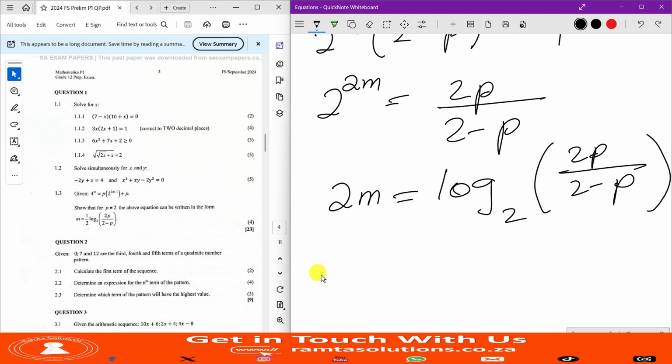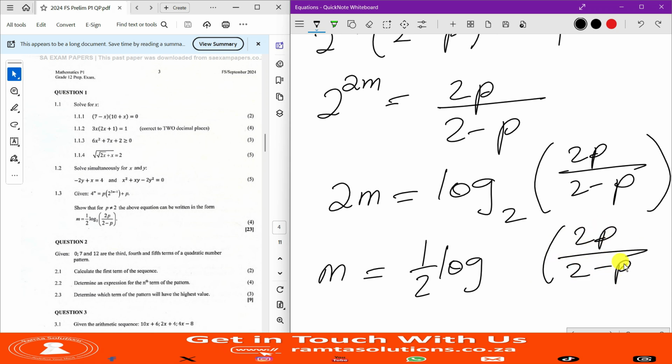So dividing throughout by 2, we have half log base 2 of 2p over 2 minus p. Therefore, we have answered this question in like 13 minutes.